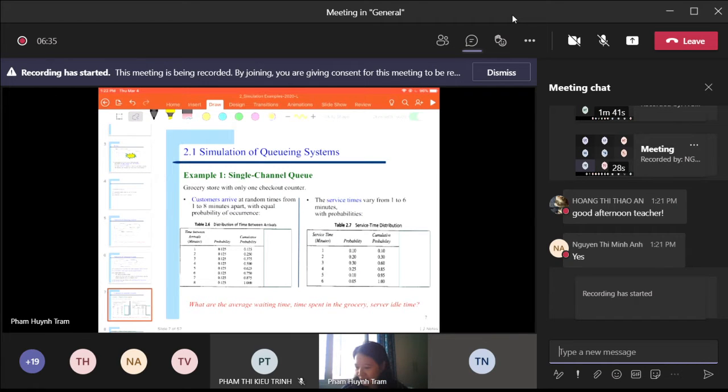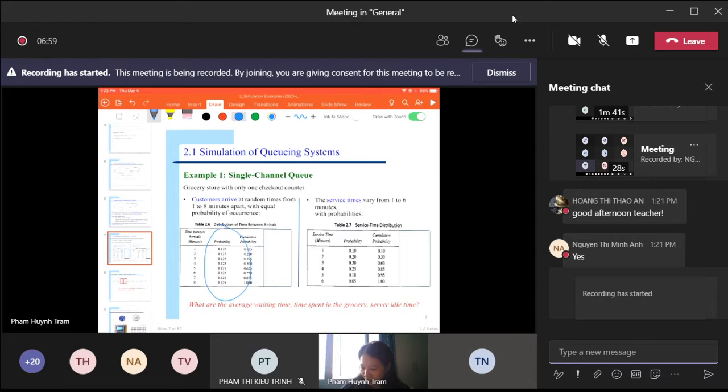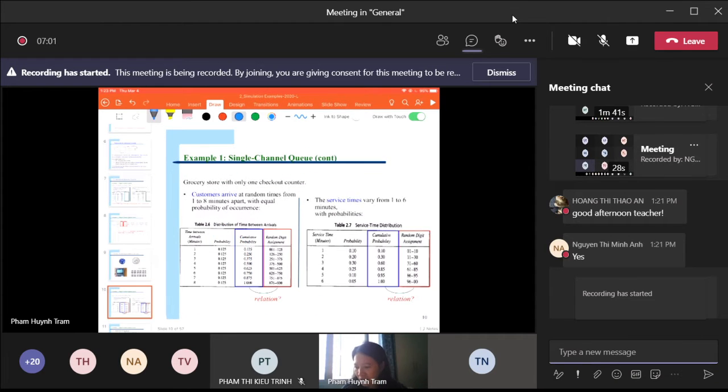For example, we have a probability distribution of the inter-arrival time of the customer like this. This is one type of probability distribution, a uniform distribution. Then we use a random digit corresponding to this probability.